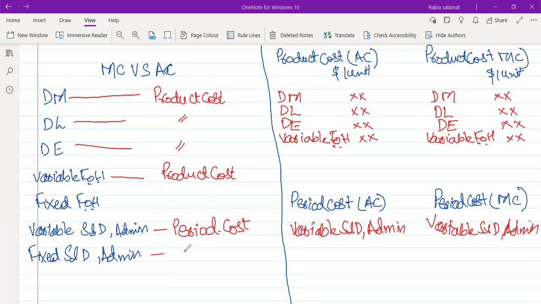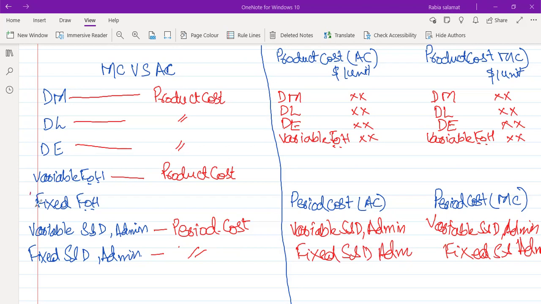Fixed selling, distribution and administration. Again, these are period cost. So there is no conflict relating to the fixed selling and distribution and administration. Here we see there is no conflict related to most cost elements.